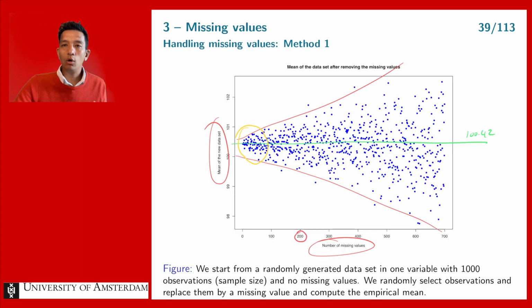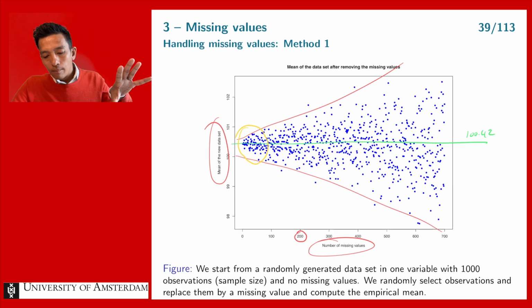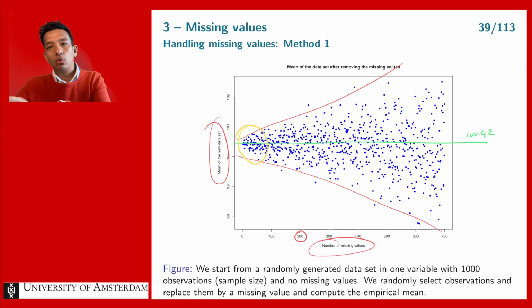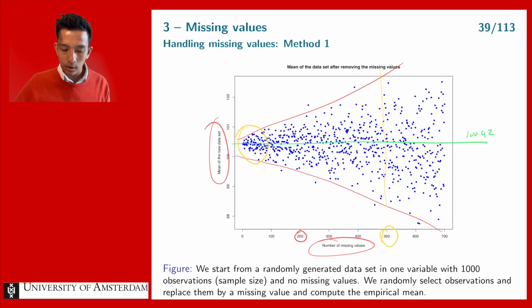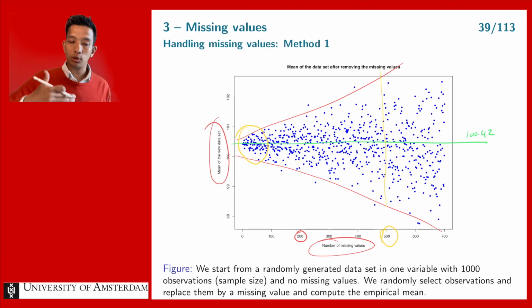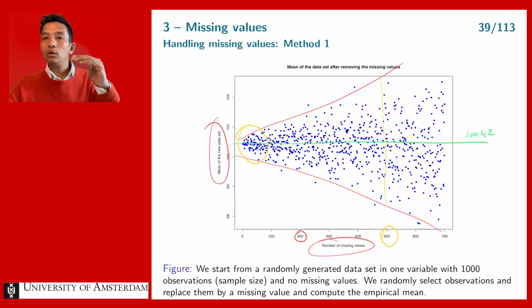The impact of removing data is not dramatic. However, the more missing values my data set contains, the more fluctuations I can expect. If I have, for example, 500 missing observations, you see that your mean can be much larger or much smaller than where you want your mean to be.